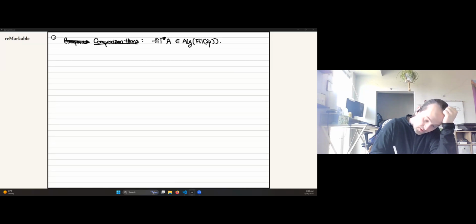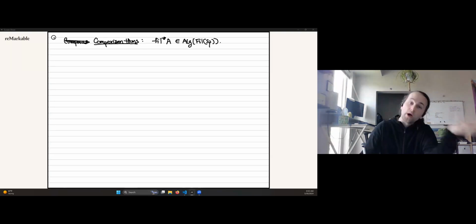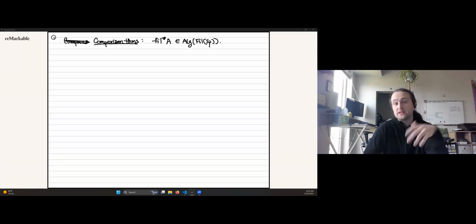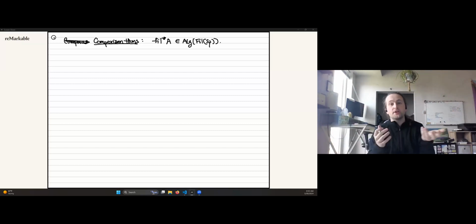So for example, if you wanted to keep a particular example in mind, you should keep in mind the Whitehead tower of a ring spectrum. That's always going to be one of these algebras in filtered spectra, and it's going to be a filtration of A. If you take the colimit over that big diagram, you get A back, and the associated graded is something relatively nice that we have a better handle on than just the ring spectrum itself, maybe.